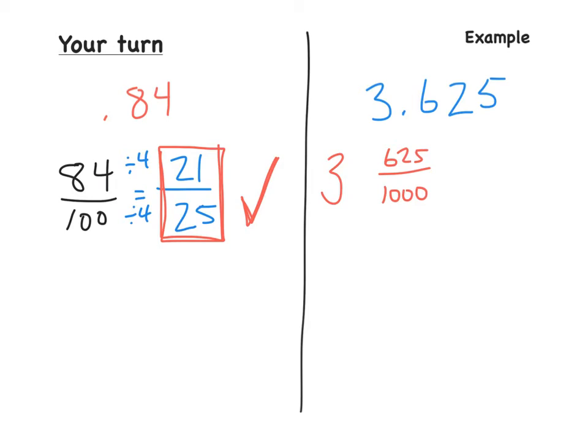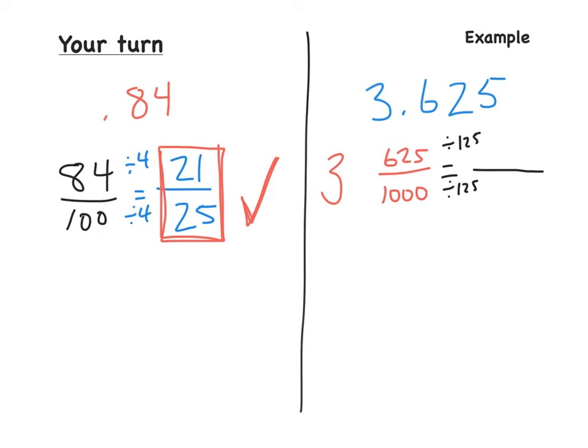Now, if we try to solve that, I just know, from looking in the book and seeing what the answer is, that both 625 and 1,000 are divisible by 125. Just to save some time, you could just whittle your way down, divide both of them by 5, and then see where it goes from there.